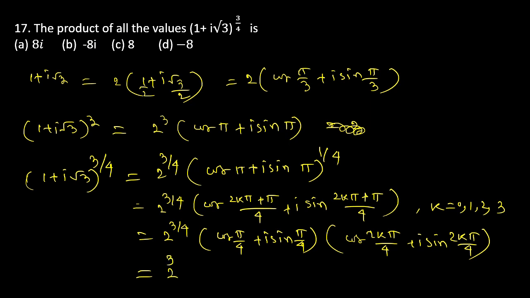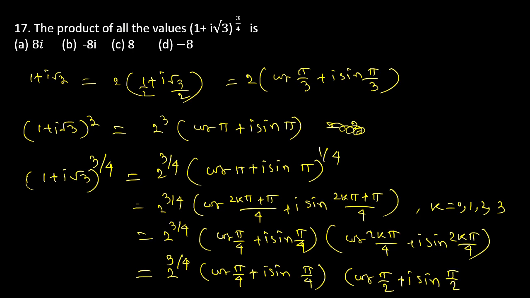From there we can write 2 to the power 3 by 4 into (cos pi by 4 plus i sin pi by 4) into (cos pi by 2 plus i sin pi by 2) whole to the power k.